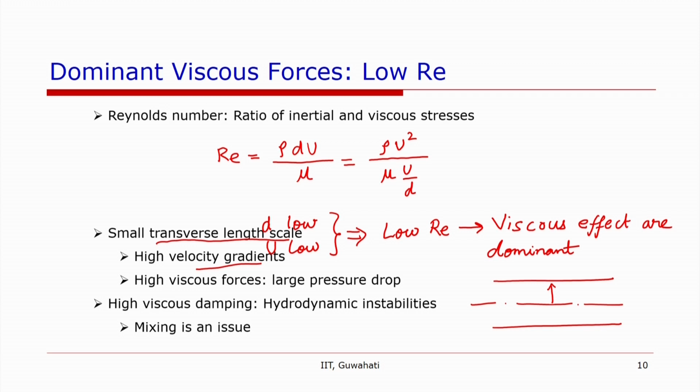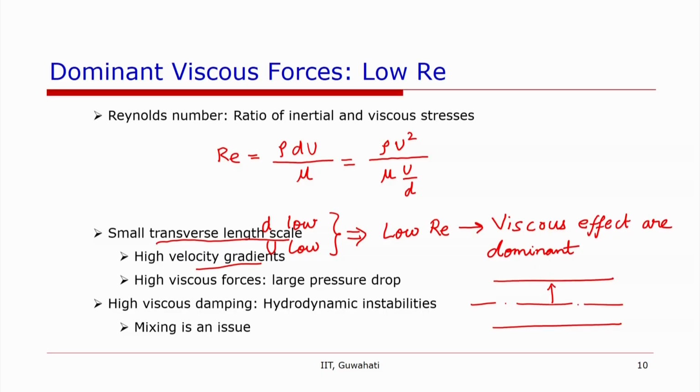Any diffusion process, it might be momentum transfer, which is viscous, where the momentum diffusivity is kinematic viscosity, or it can be heat diffusion or mass diffusion. In all cases, the diffusion lengths are small. So, the velocity gradient, temperature gradient or concentration gradient will be large, and the rate of this transfer will be larger.